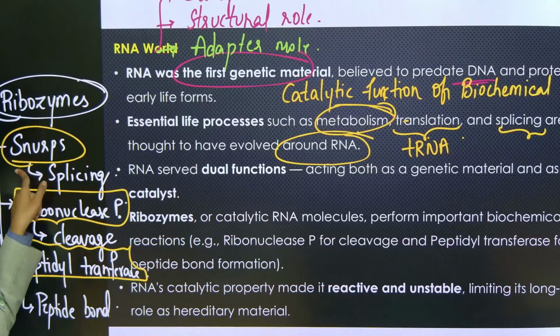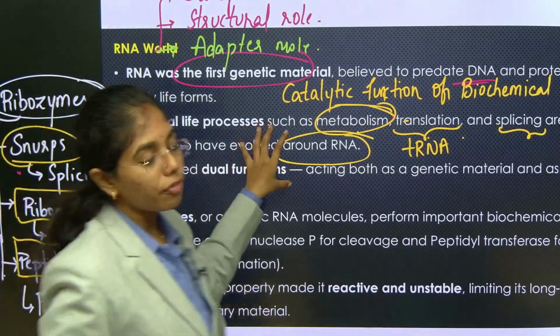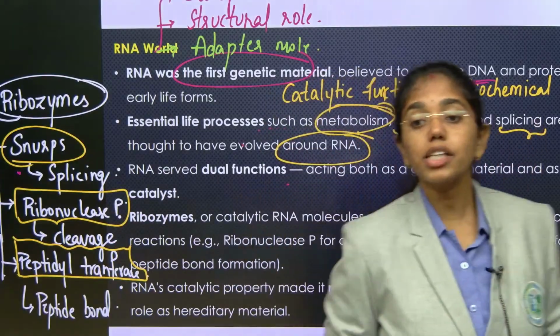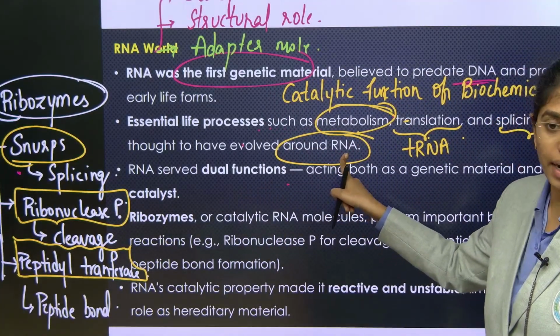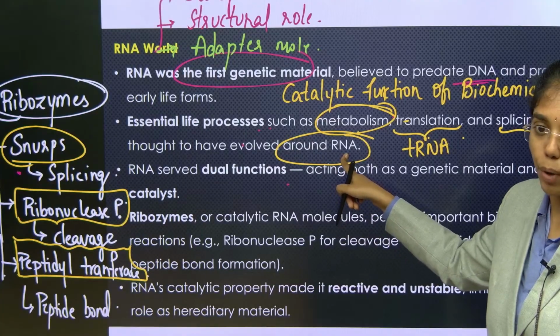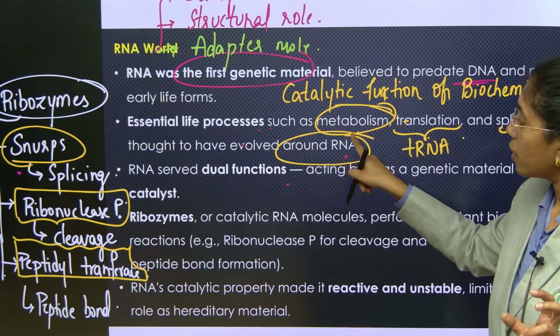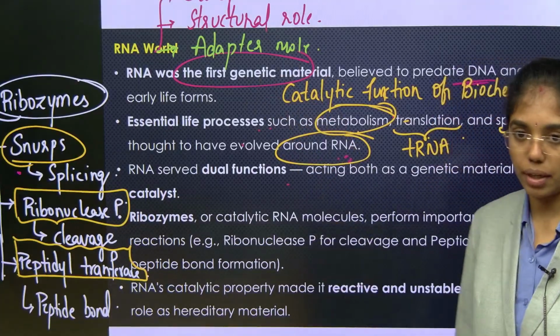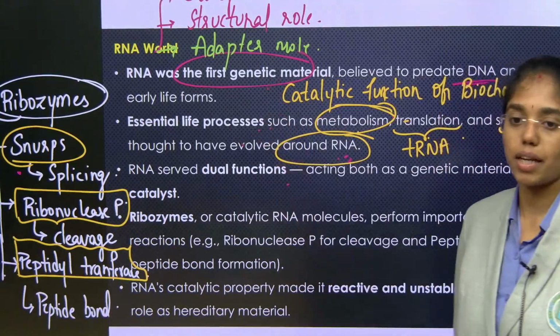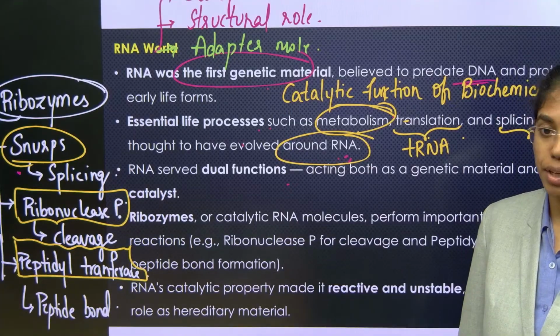SNRPs are also RNAs. All these are essential functions, and they revolve around RNA only. That is one major point to confidently say that RNA is the first genetic material.